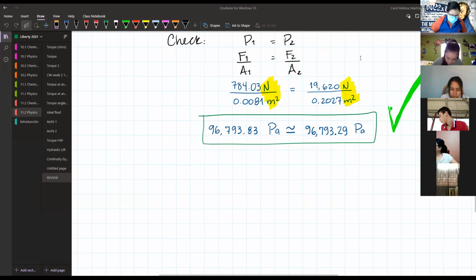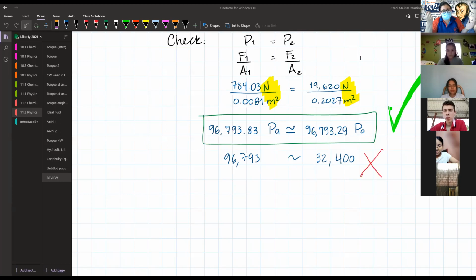Now if for any reason you get here 96,783 and on the other side you get 32,400, for example, in this case it will obviously be incorrect, because the numbers are just too different. But if they are very similar, we can say that we did it right.